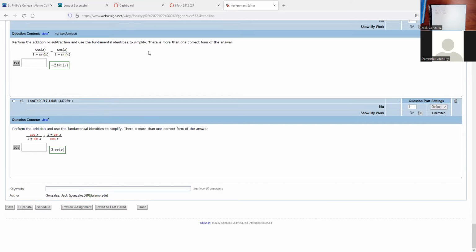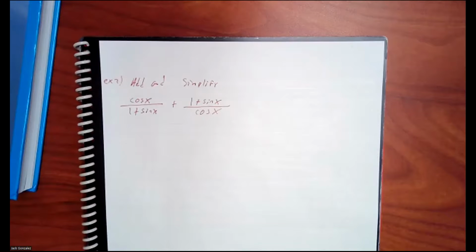So the answer is supposed to be 2 secant. I don't know how that's going to happen, but let's try stuff.